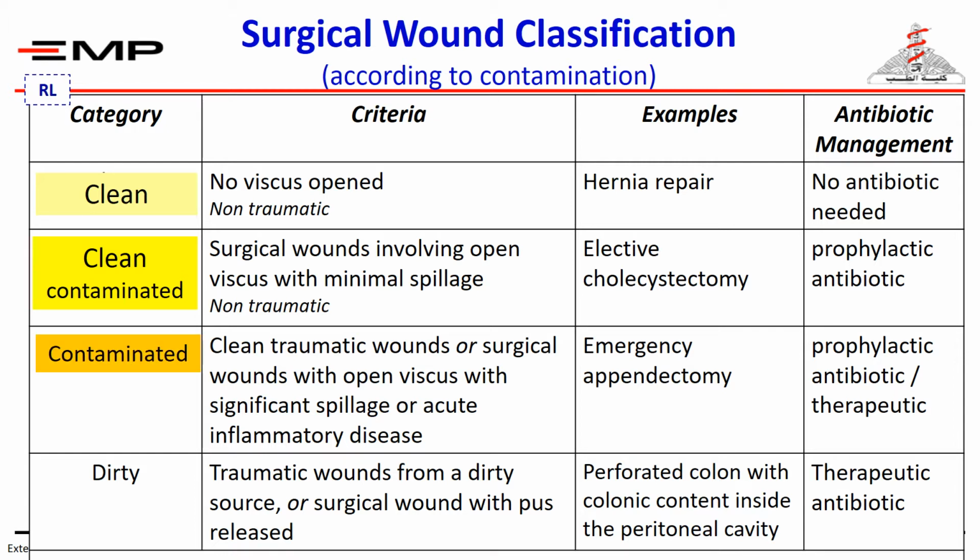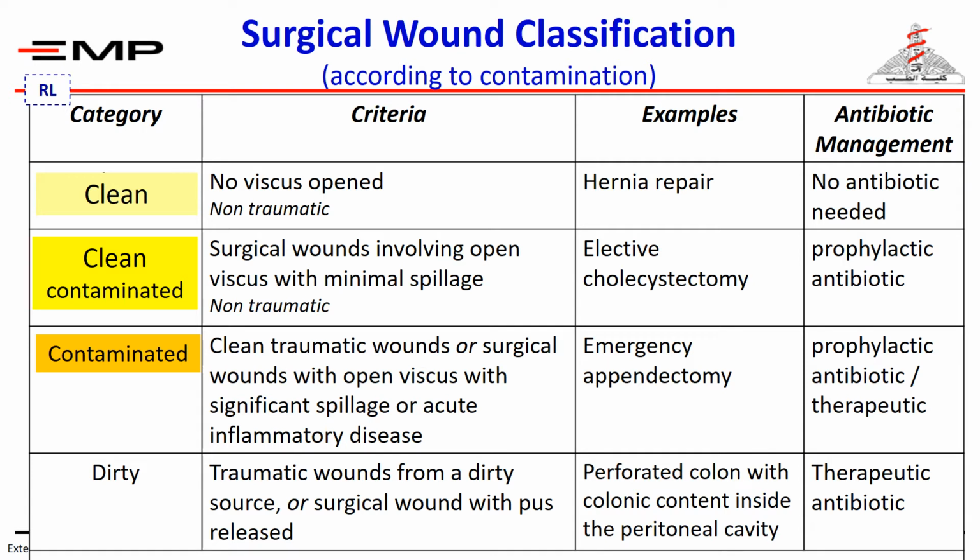Contaminated. Surgical wounds with open viscus and significant spillage, what we call macroscopic soiling, or acute inflammatory disease, for example emergency appendectomy. Classical examples are large bowel resection, biliary or genitourinary tract surgery with infected bile or infected urine.